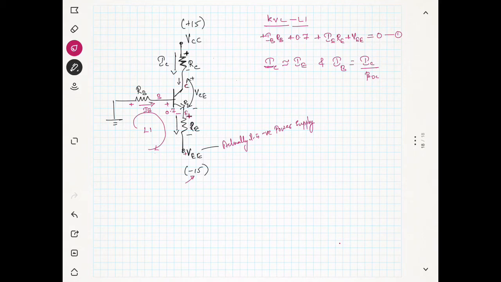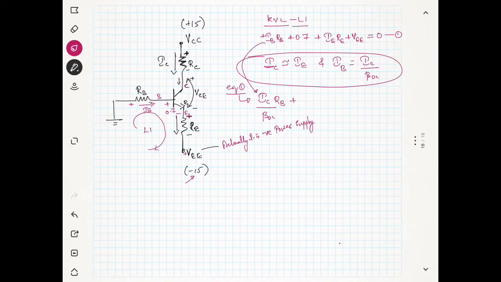By substituting these above notions in equation number 1, equation 1 becomes: we substitute IB with IC over beta DC, into RB, plus 0.7, plus IE, which we approximate as IC, into RE, plus VEE equal to 0.